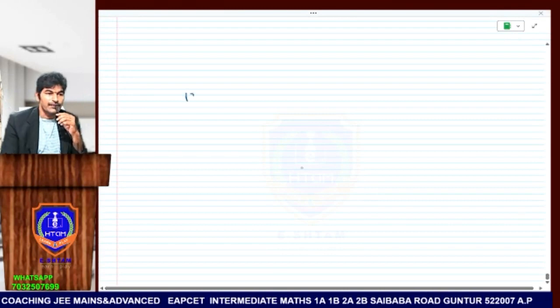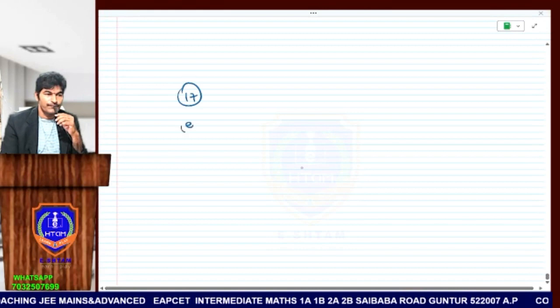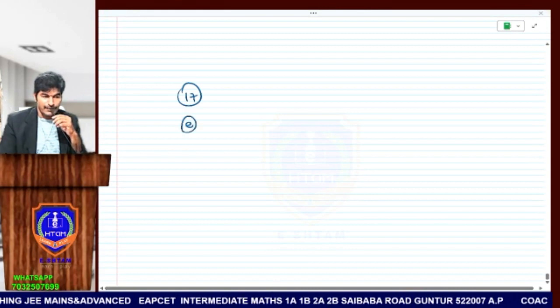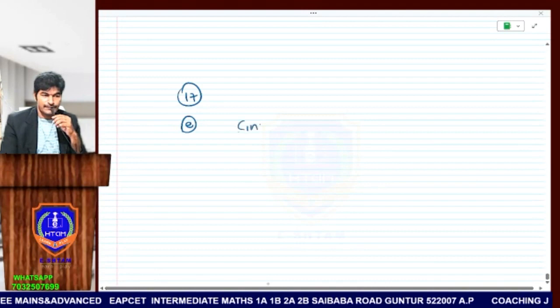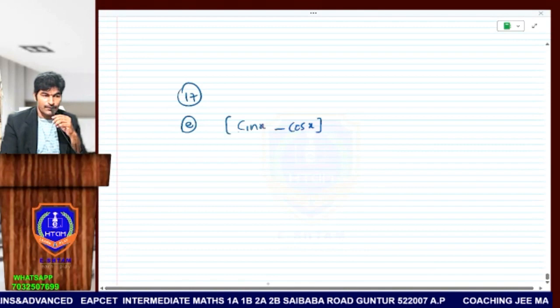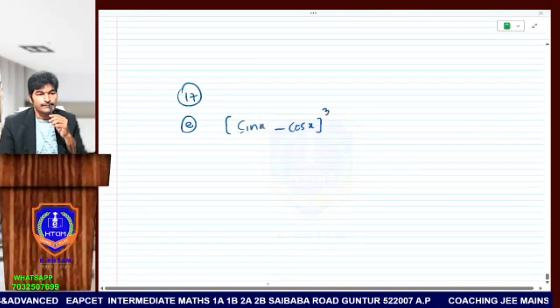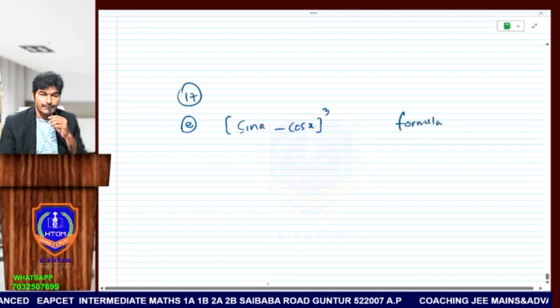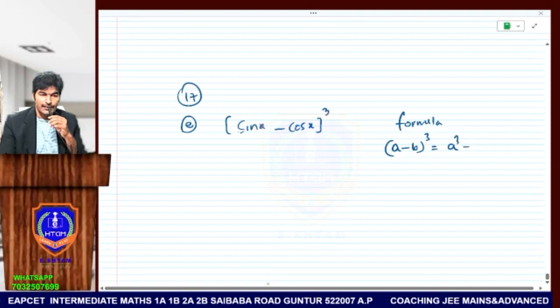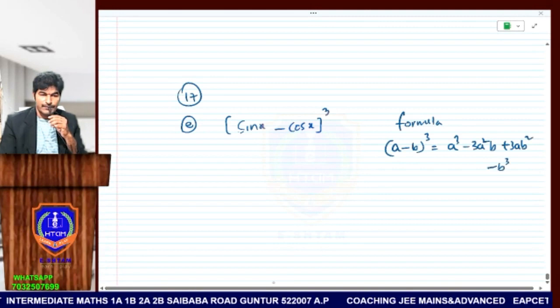17th question E, and it says (sin x minus cos x) whole cube. Actually, before that, we will discuss a simple algebraic formula which states that (a minus b) whole cube equals a cube minus 3a square b plus 3ab square minus b cube.